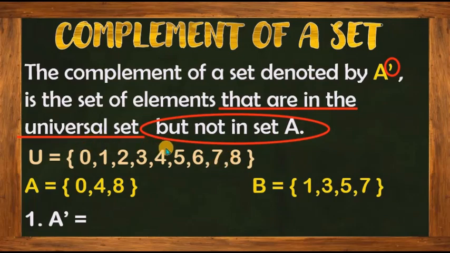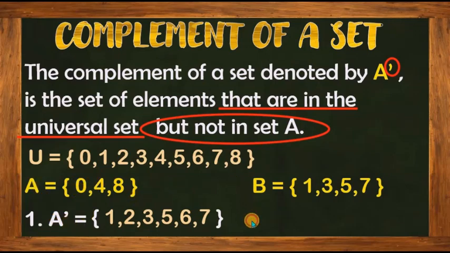You remove those from the universal set, and what will be left is the complement of set A. Those are 1, 2, 3, 5, 6, and 7. As you can see, we remove the elements of set A. That is what you call complement.